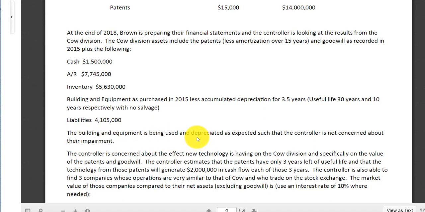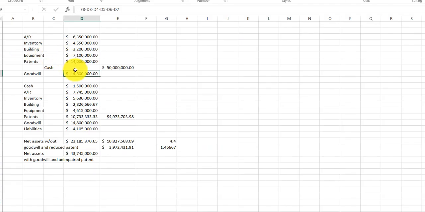Building and equipment, as we consider impairment, we're not concerned about it, but we are about the goodwill and the patent. So looking at how this might play out, our cash was given, accounts receivable, inventory, our building with the depreciation subtracted out.